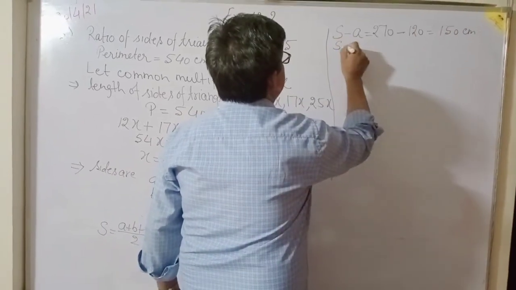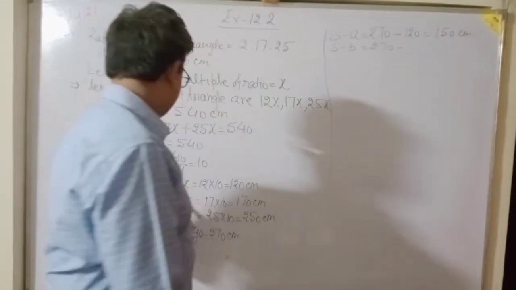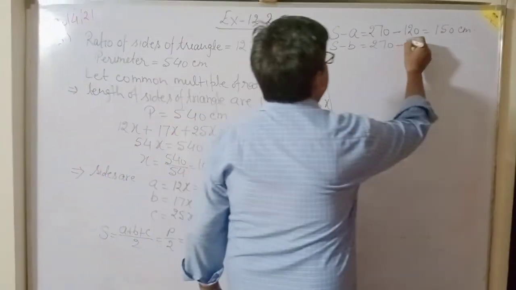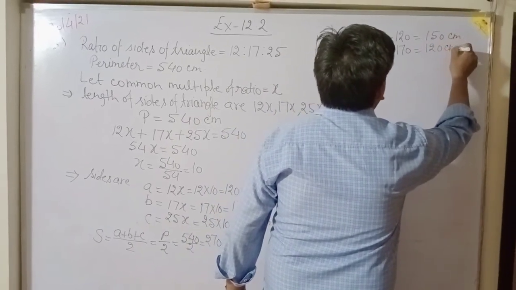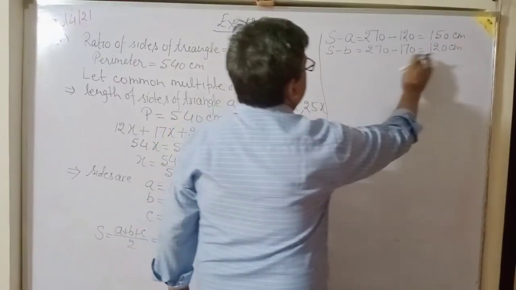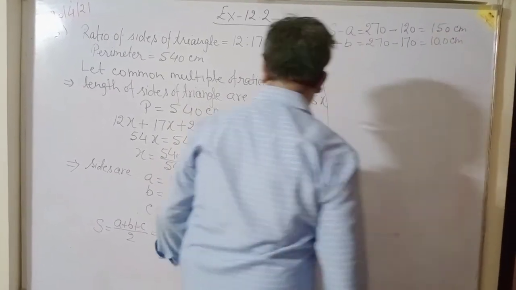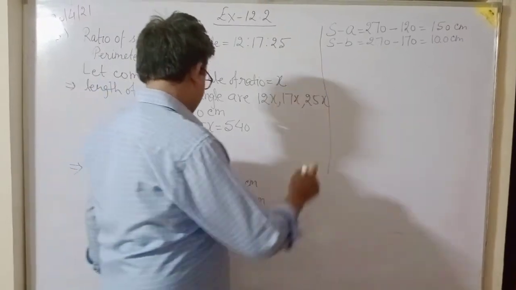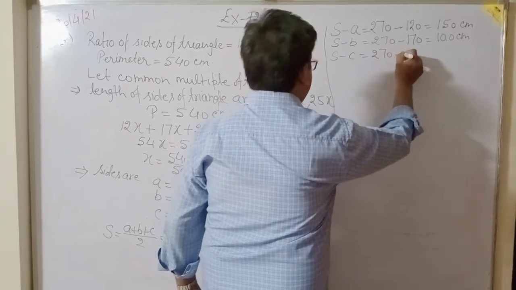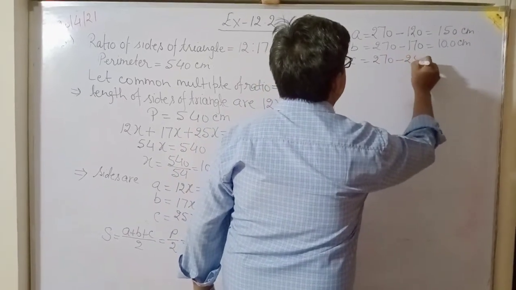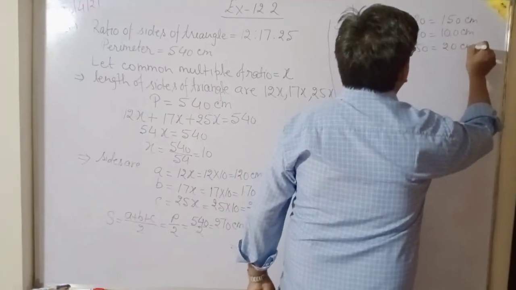S minus B, 270, and the value of B is 170. No, it is 100, and it will be 100. And the third one is S minus C equals 270 minus 250. It will be 20 centimeter.